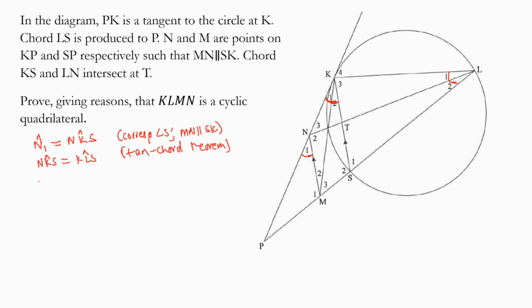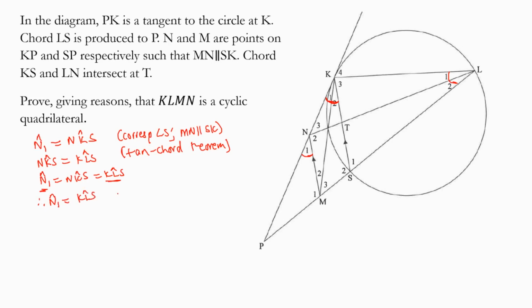Now we're saying angle N1 is equal to angle NKS, which is equal to angle KLS, right? So therefore, angle N1 is equal to angle KLS.